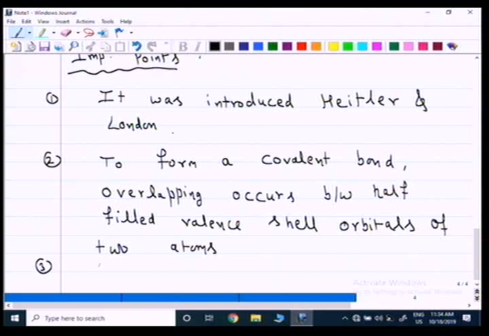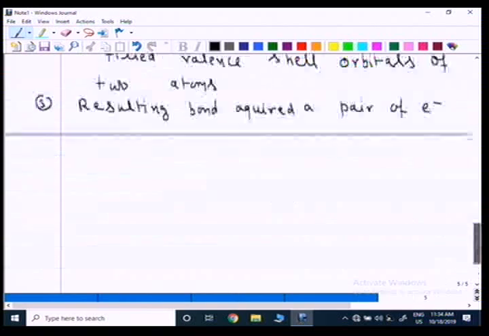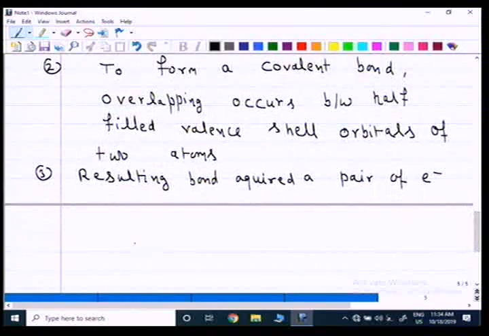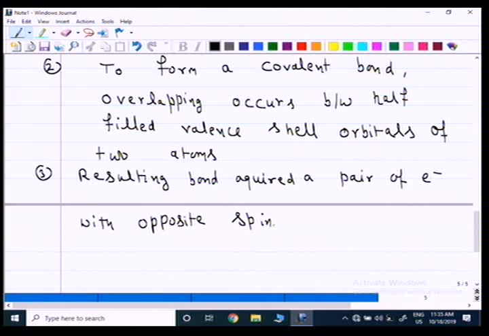Number 3, the resulting bond acquires a pair of electrons with opposite spins to get stability.